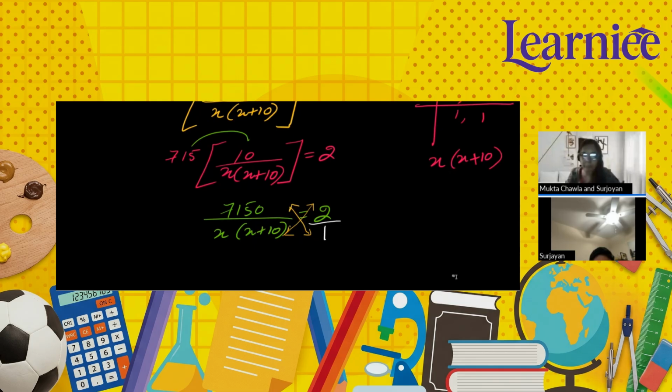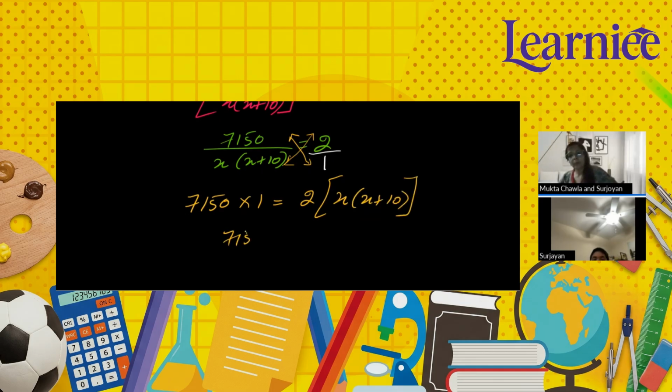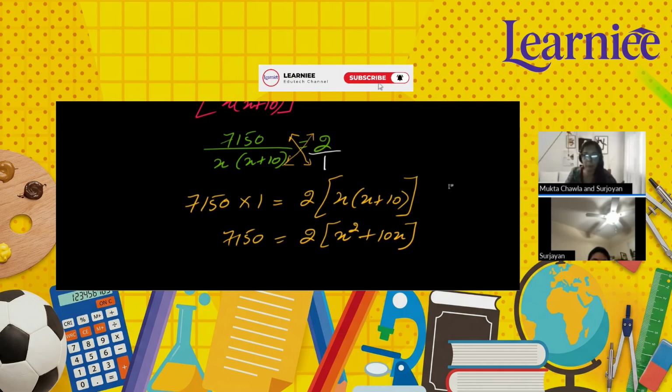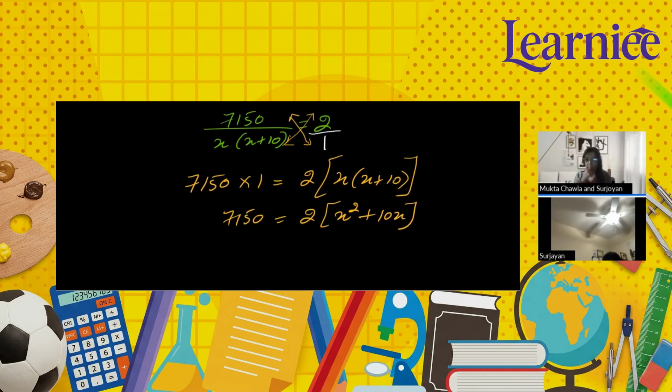While doing cross multiplication, 7150 into 1 is equal to 2 into x into x plus 10, so 7150 is equal to 2x square plus 20x. So what we will be getting? 2x square. Or it's better if I divide 7150 by 2. I think that would be easier, right? First you can copy these yellow steps, then I'll do the next thing, right? Yeah, okay.